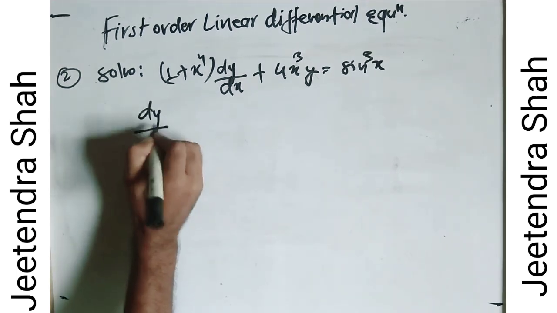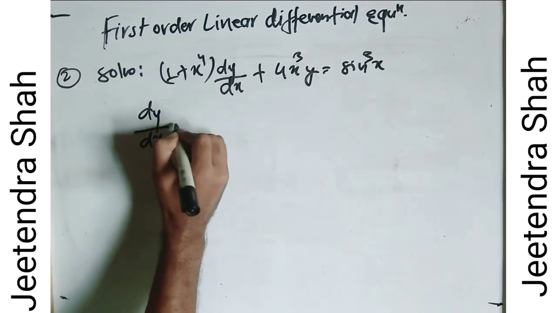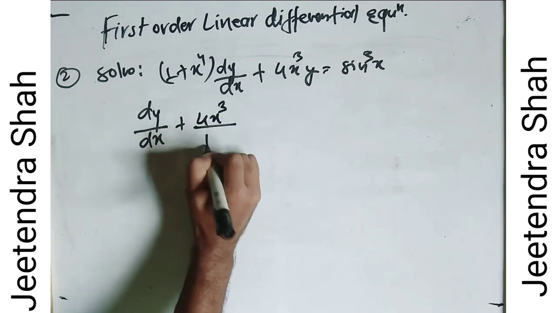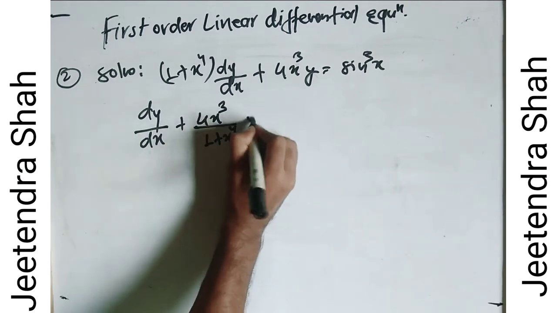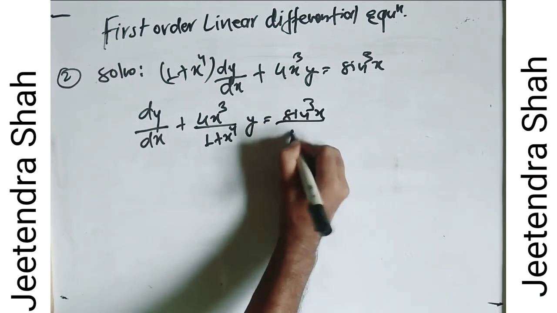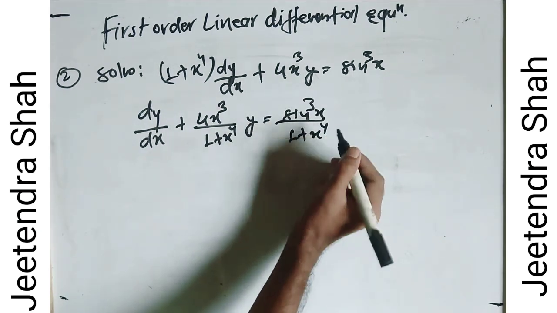First of all you have to make it linear. So dy/dx + 4x^3/(1 + x^4) y = sin^3 x/(1 + x^4).